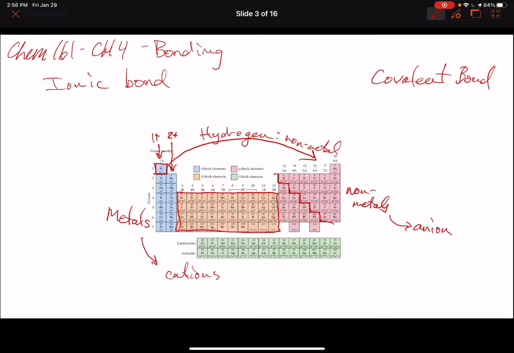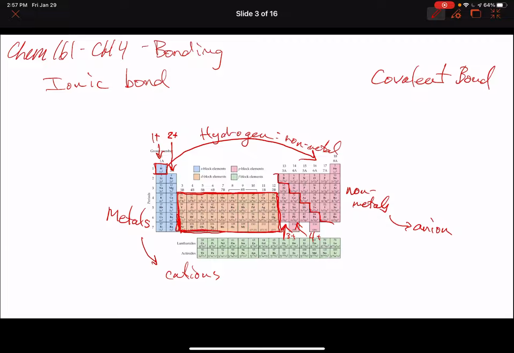But do recognize that if we have a metal that comes from the transition metals in this inner block, we are still considering that an ionic compound. Likewise, if we're still in the metals category but before that staircase boundary, we're going to see that ions tend to form 3 plus in that column, and over in the next column, 4 plus, etc.